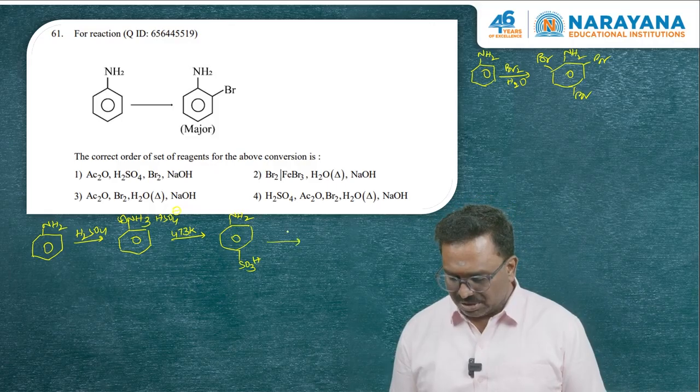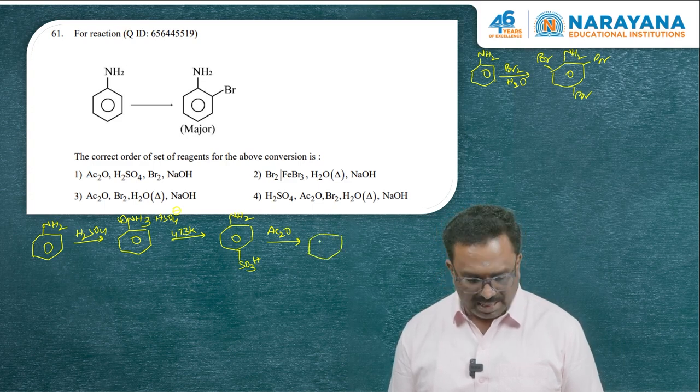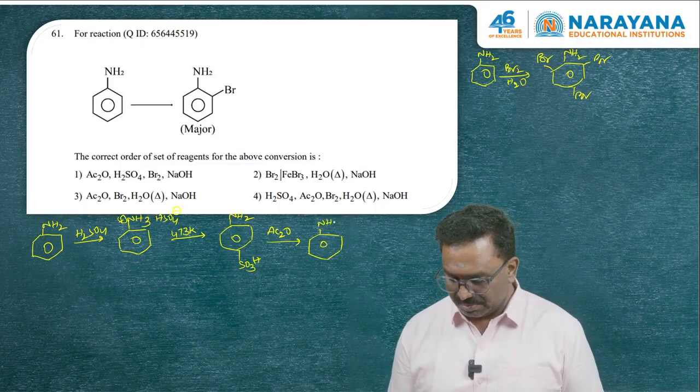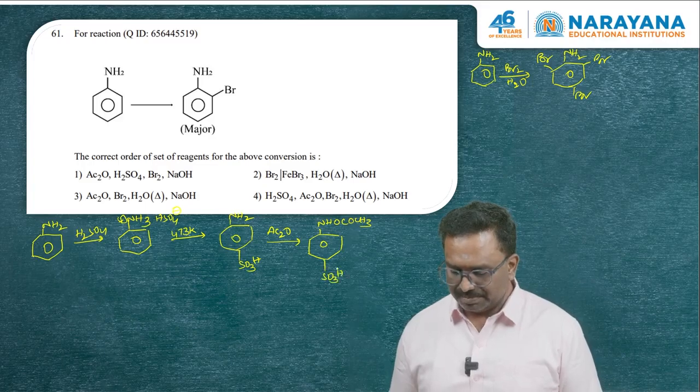Then by the reaction of acid anhydride, allow this reaction to happen at NH. This is the nucleophilic property of nitrogen.